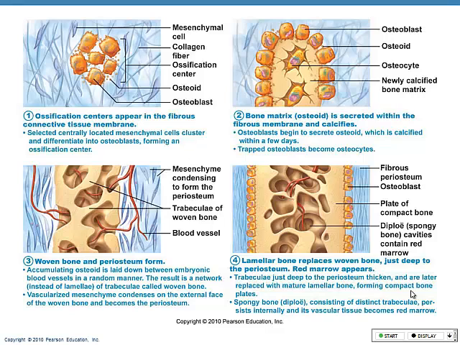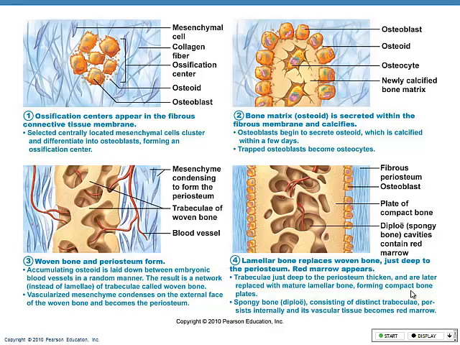So, bone is made of inorganic and organic substances. What's an organic substance? Carbon-containing substances. So, osteoid is a term used for the carbon-containing organic materials that we find in bone.